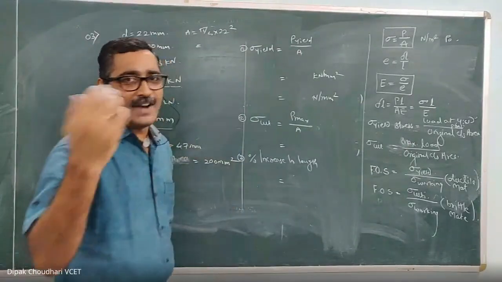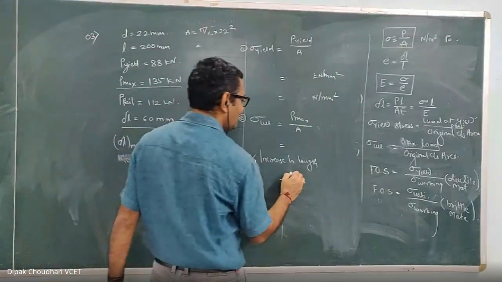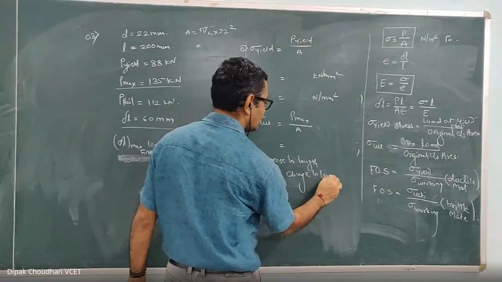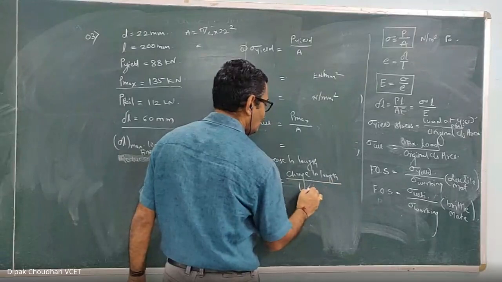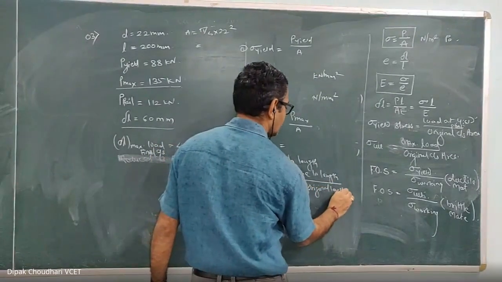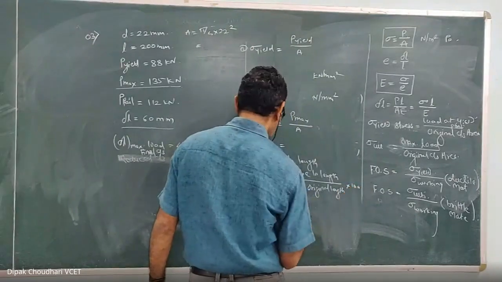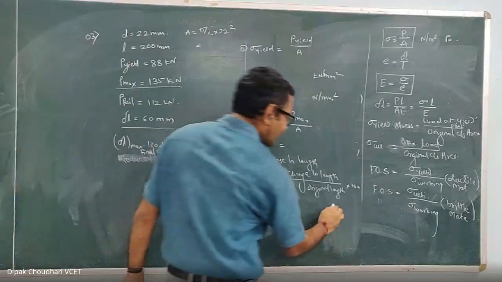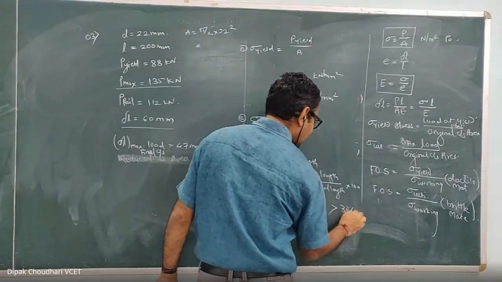This final length minus initial length gives the change in length. Change in length upon original length into 100 gives the percentage increase in the length. If it is greater than 30%, the material is ductile.